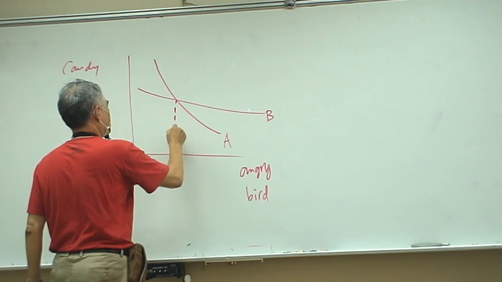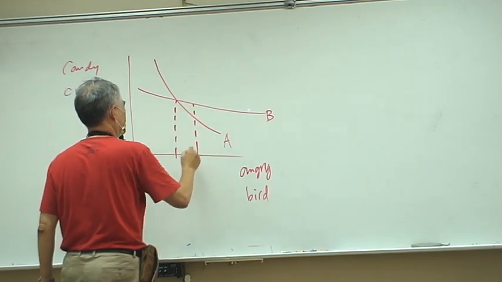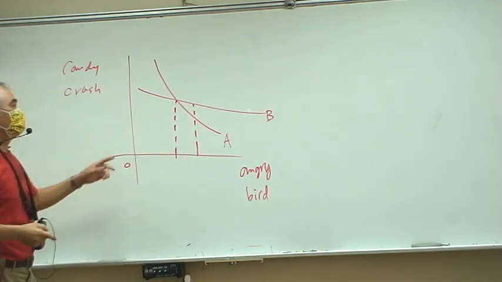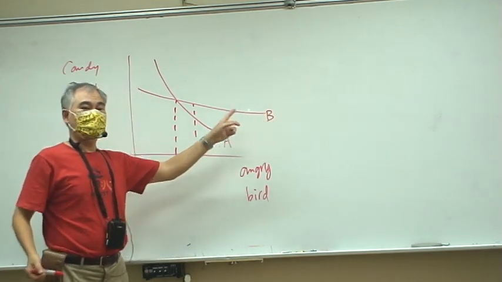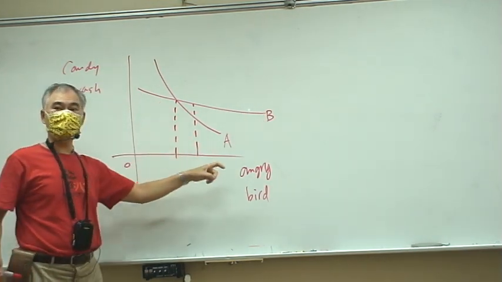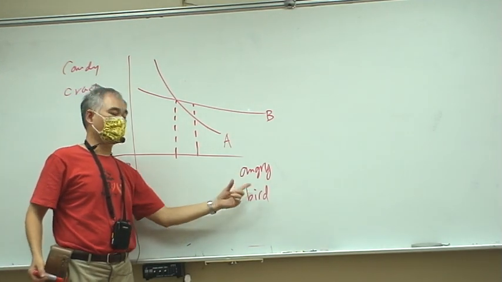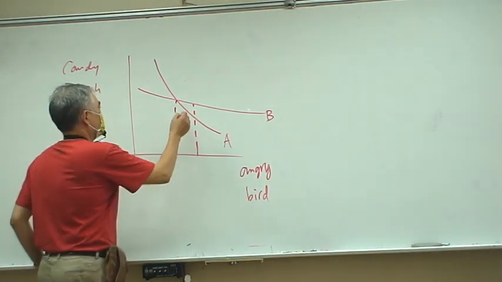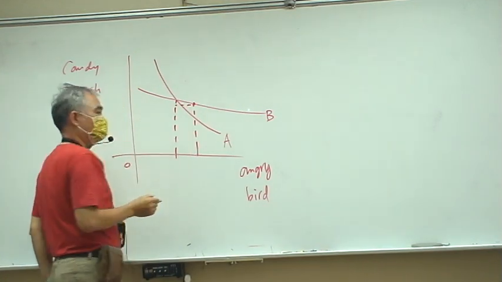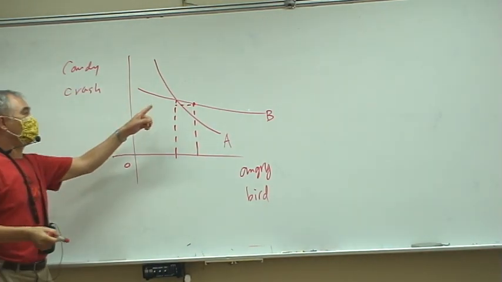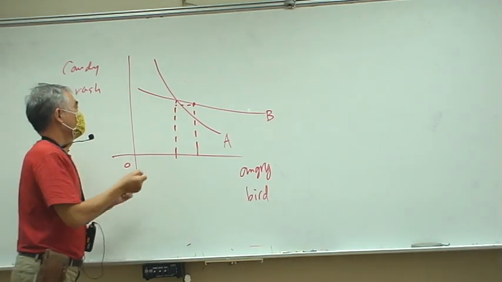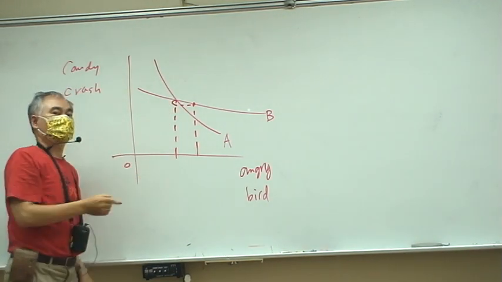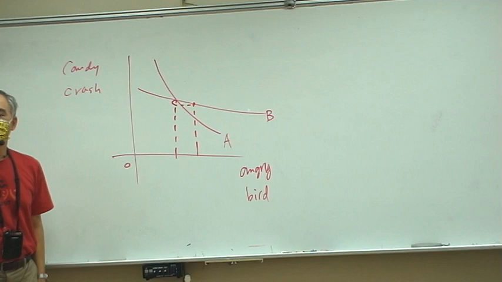Let us say each of them, A and B, wants to get one more unit of Angry Bird. For person B, this is the amount of Candy Crush he has to sacrifice.